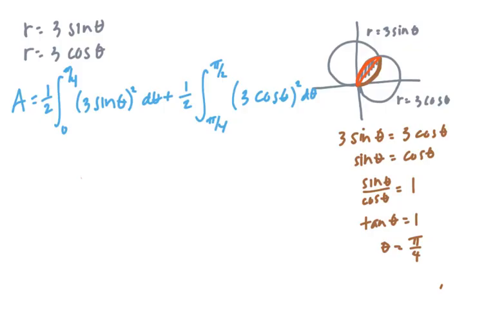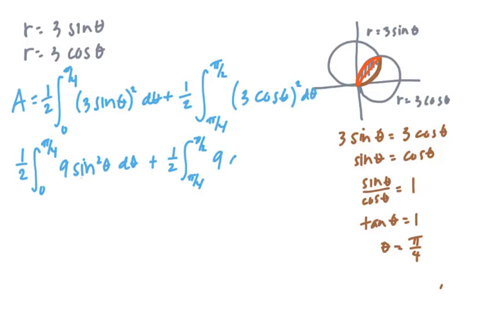So let's square it. We have 1/2 the integration from 0 to pi over 4, 9 sine squared theta d theta, plus 1/2 the integration from pi over 4 to pi over 2, 9 cosine squared theta d theta.